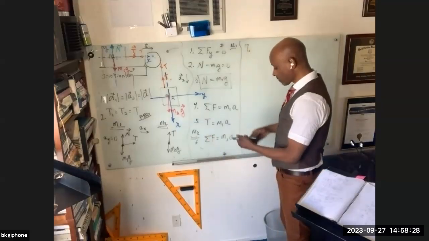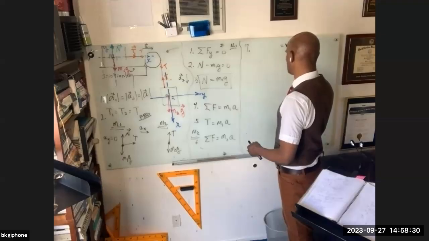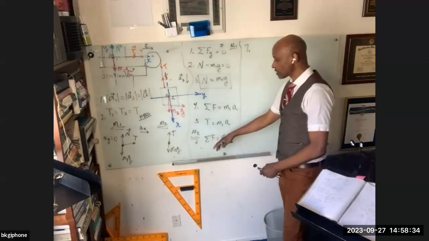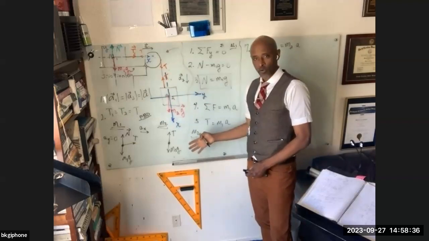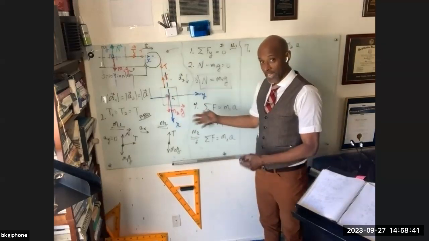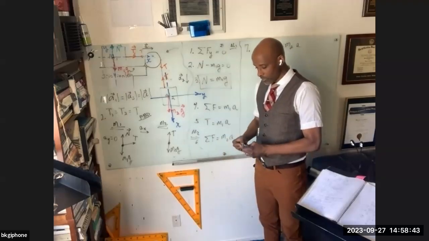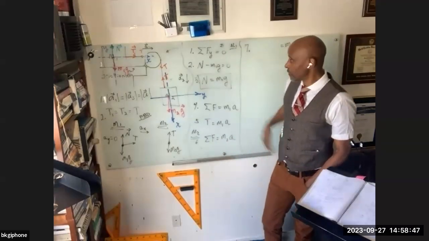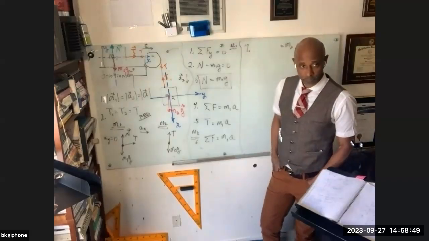So in this next step, over here, I'm still going to have M2A, but over here, I have to write out the individual forces consistent with the appropriate way in which they're superposing on this mass. How do I write them? What do I write for the left side of this equation?